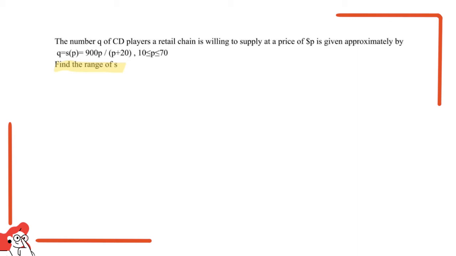Okay, so the first thing we need to notice is that the domain is given, right here: the domain is between 10 and 70. How to find the range? It's very easy to find if the domain is given.